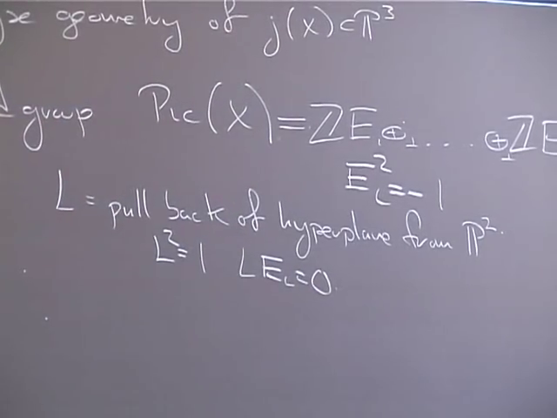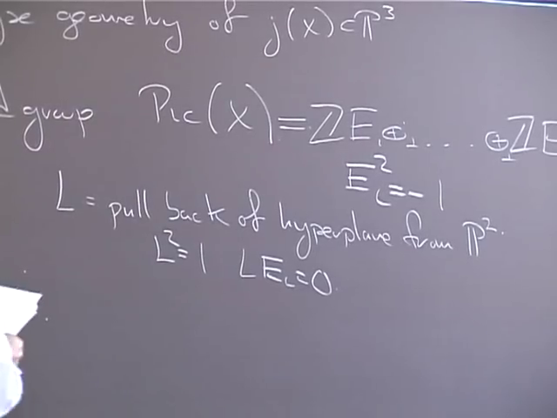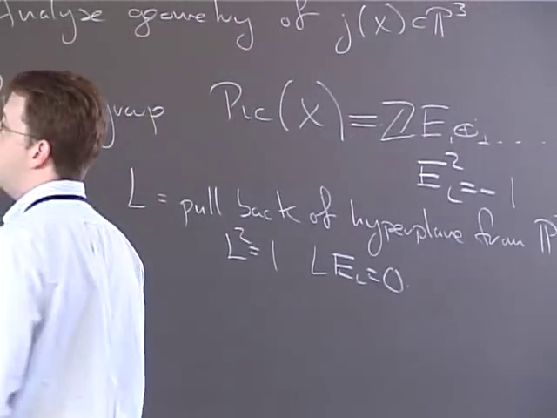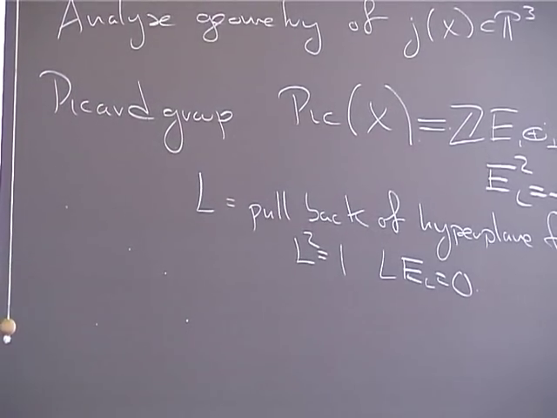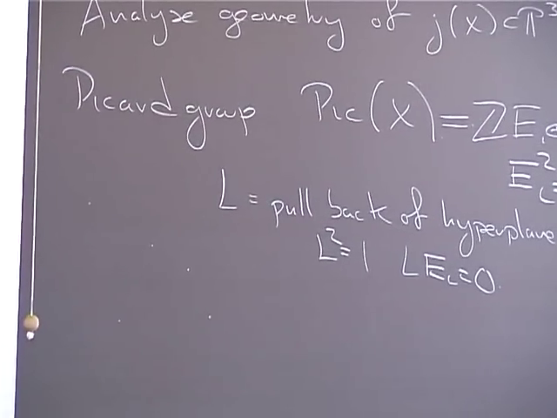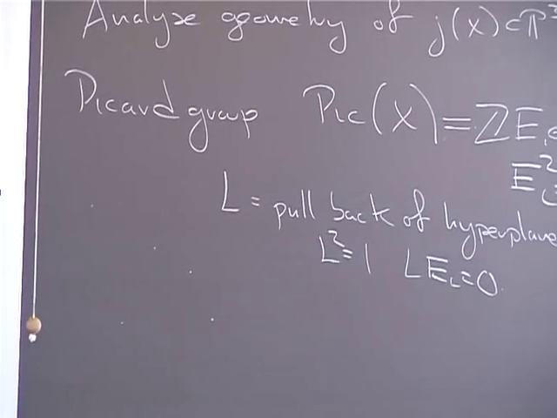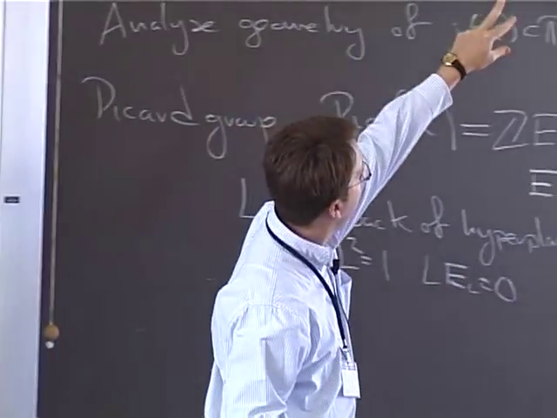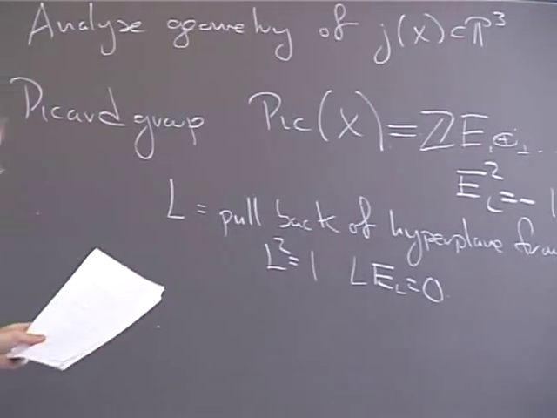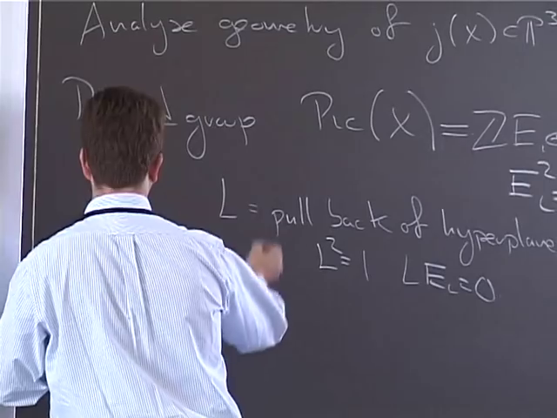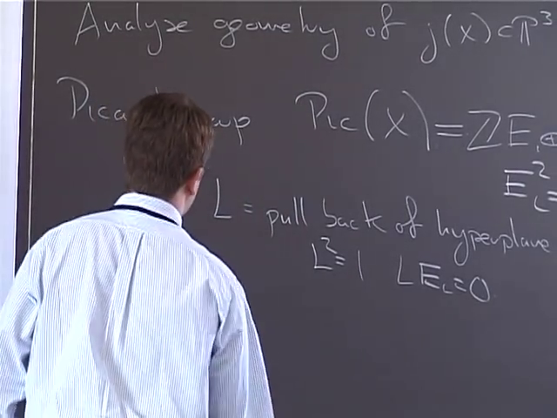So the key observation here is that since our map is given by the cubics vanishing at the 6 points, I can describe exactly what happens to the polarizing class under the pullback by the morphism J. So here's the key formula.